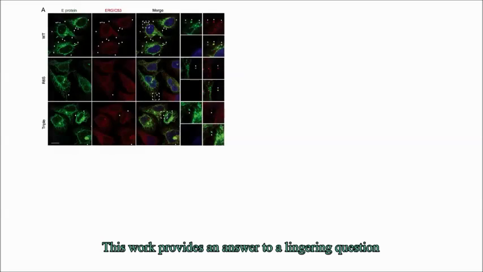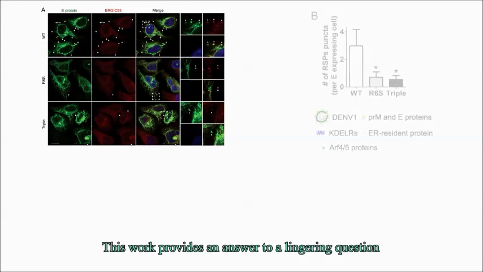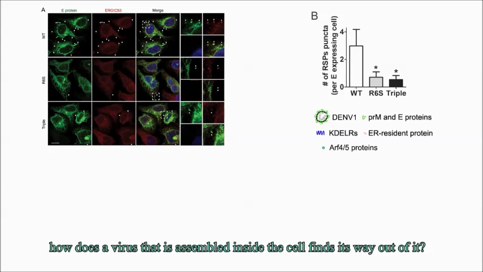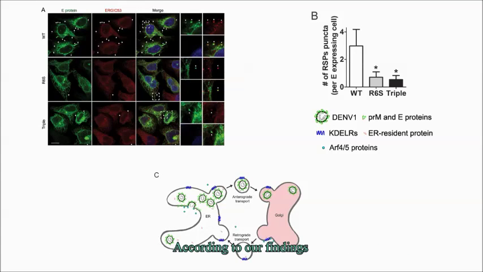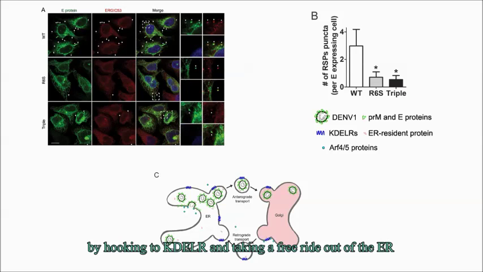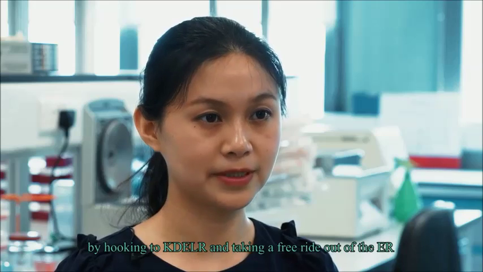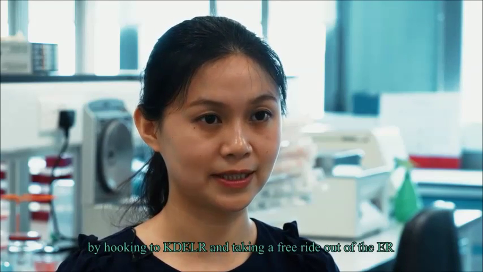This work provides an answer to a lingering question: how does a virus that assembles inside the cell find its way out of it? According to our findings, dengue virus has solved the problem by hooking to K receptor and taking a free ride out of the ER.